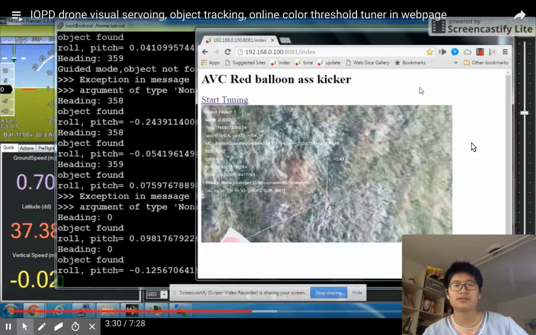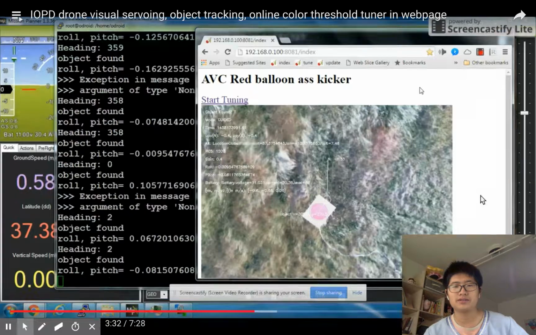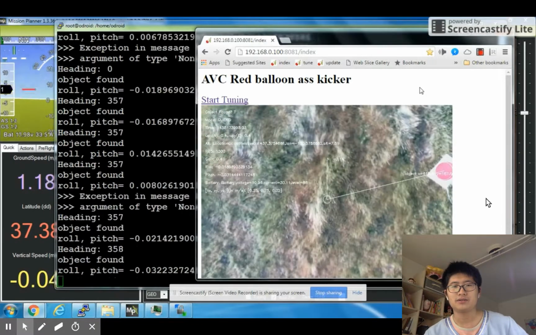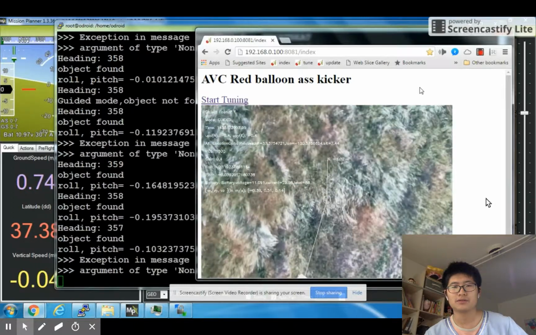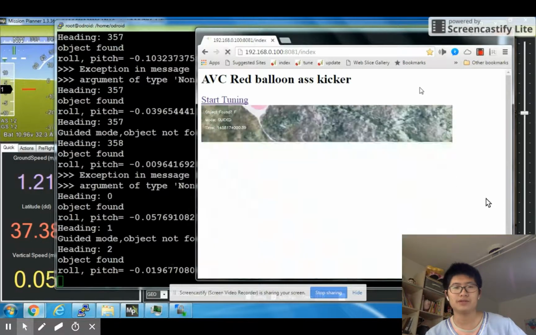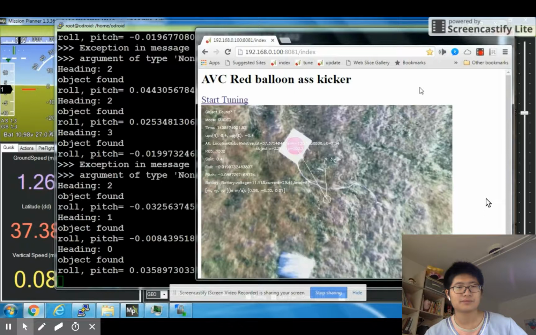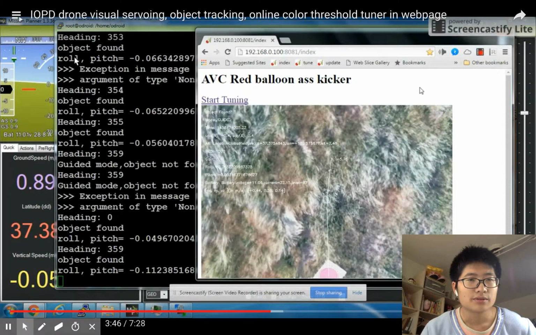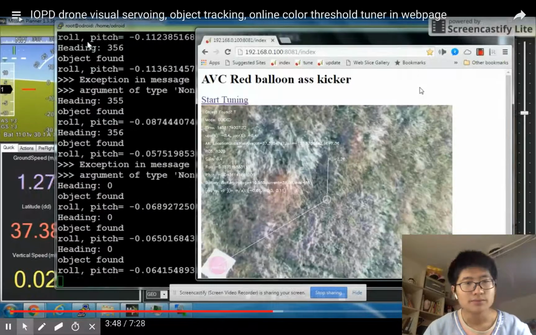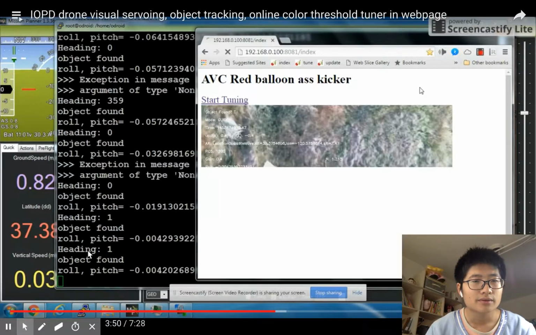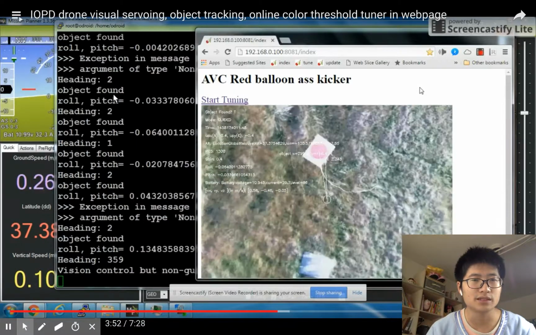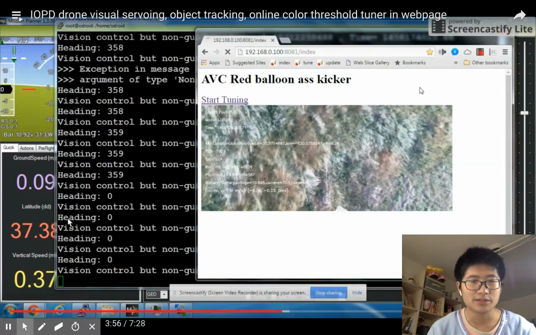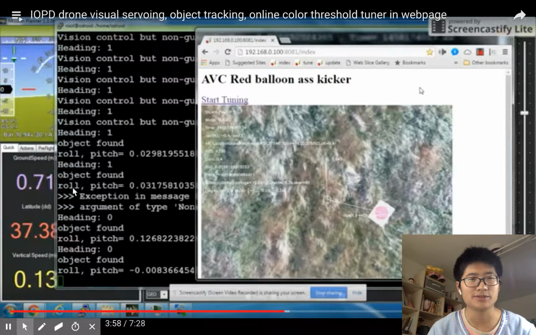But you can still see this page refreshes at a frequency of about 1 Hertz. You see it's a very low frequency. And if you check the message from the terminal, you can see sometimes it says object found, but sometimes it doesn't.